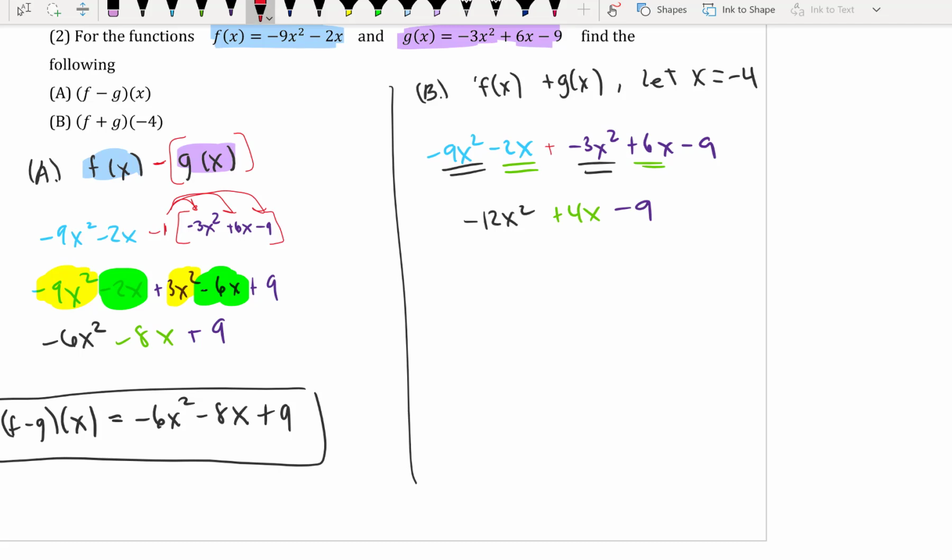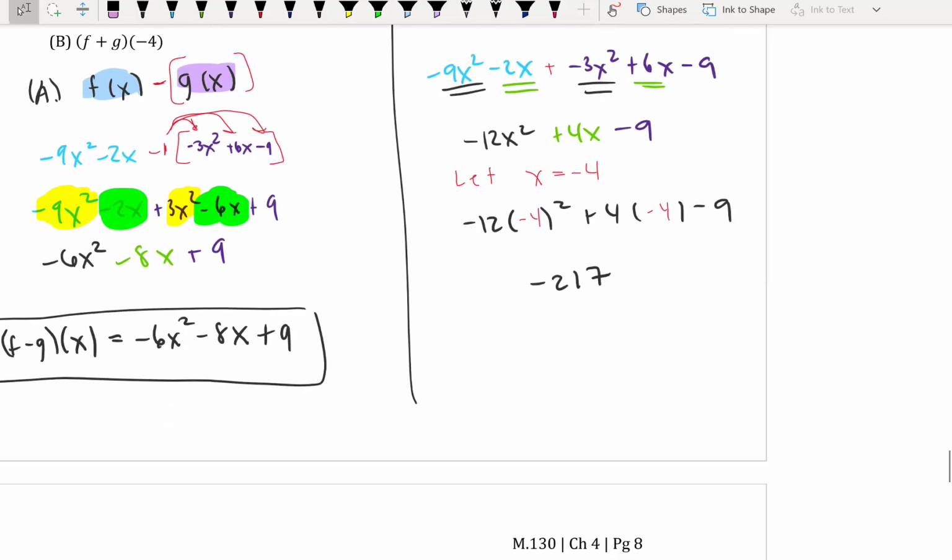And don't forget that you now want to let x equal -4. So you have -12x squared plus 4x minus 9. So what you're plugging in is a -4 into those parentheses. So you grab your calculator, -12 times -4 squared plus 4 times -4 minus 9 is going to give you -217.